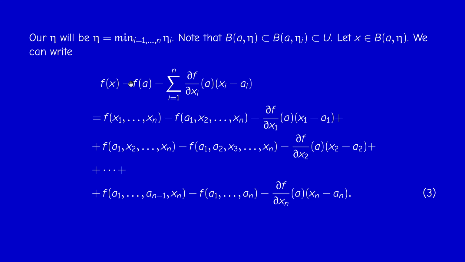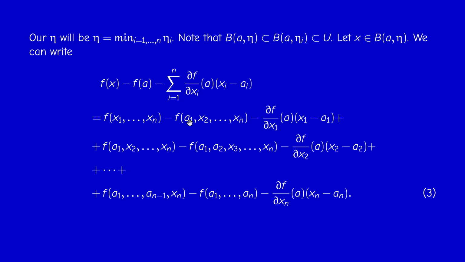Now we write this difference between f and its linearization. We do a trick: we add and subtract similar terms. x is (x1, x2, ..., xn), and A is (a1, a2, ..., an). Now we add and subtract this term, f of (a1, x2, x3, ..., xn). This term is the same here and here, so these two cancel.